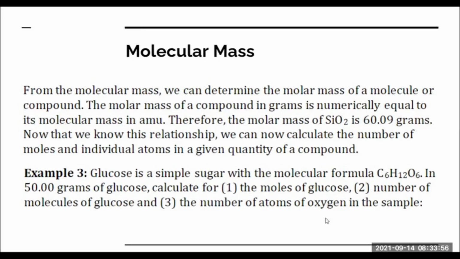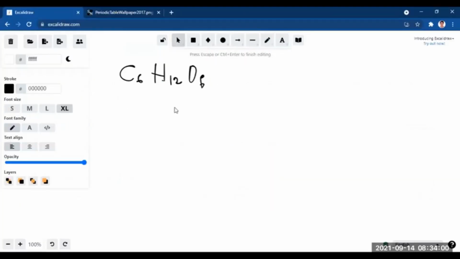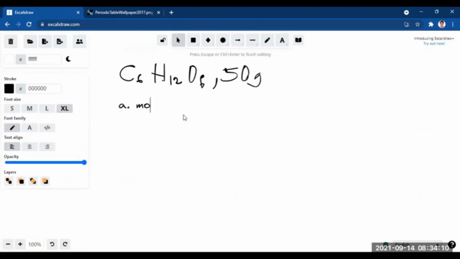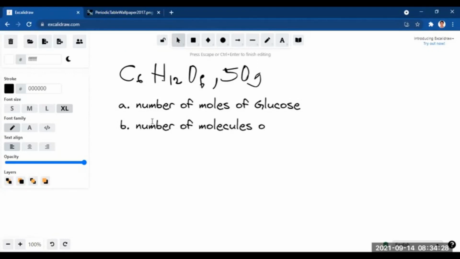Moles, molecules, number of atoms of oxygen. We're looking for, given 50 grams.